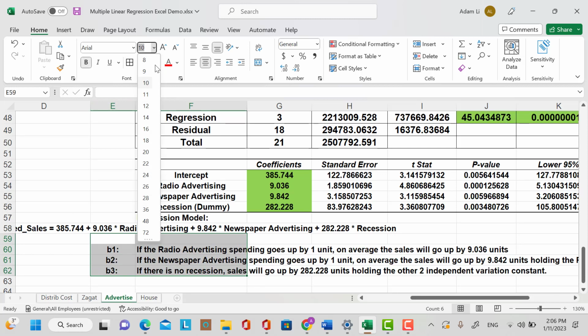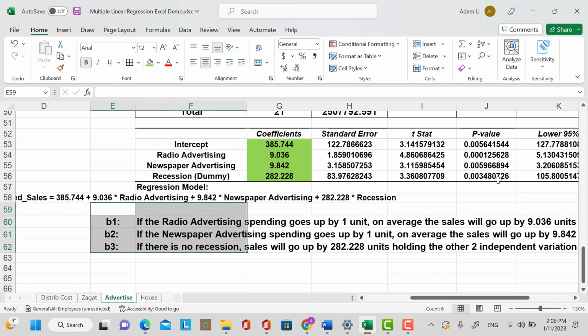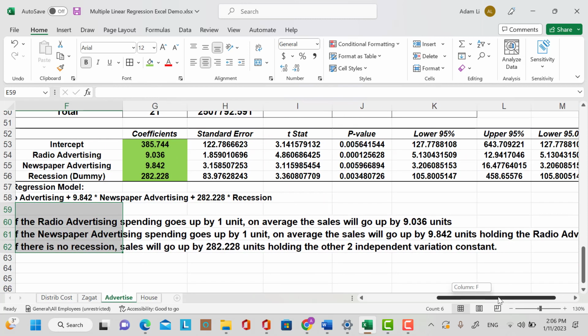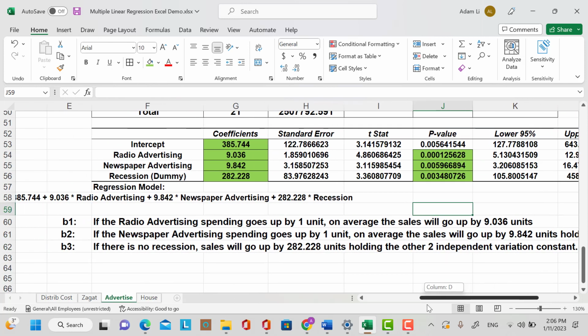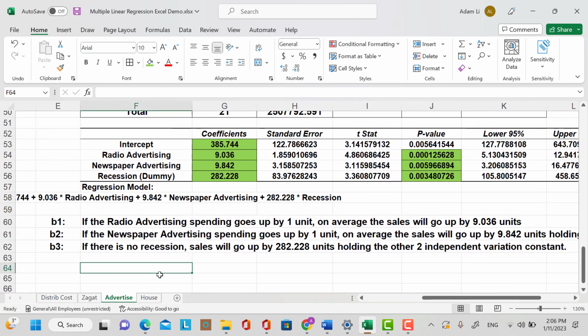So now let's perform all the tests. If you look at all these p-values, they are also very, very small. So all the p-values are smaller than alpha. Let's test for beta 1, which is for radio advertising.